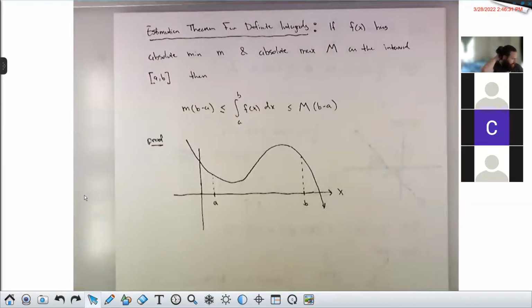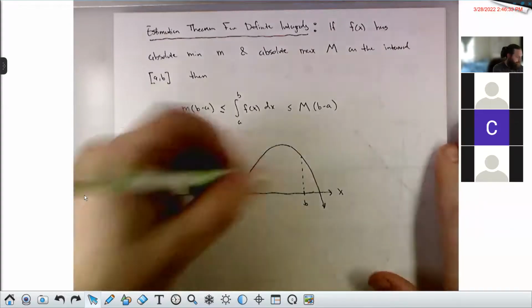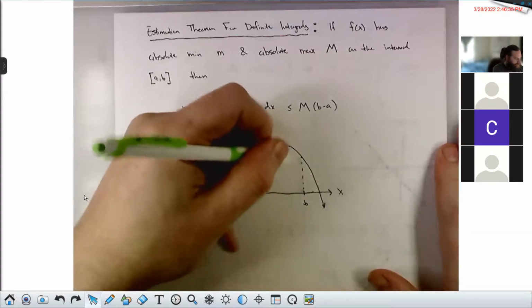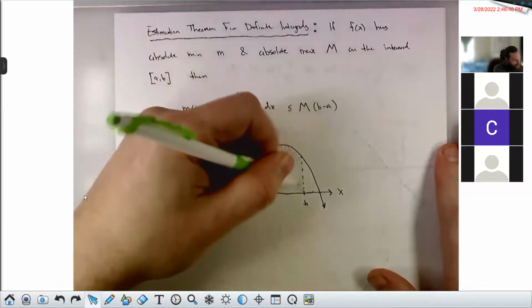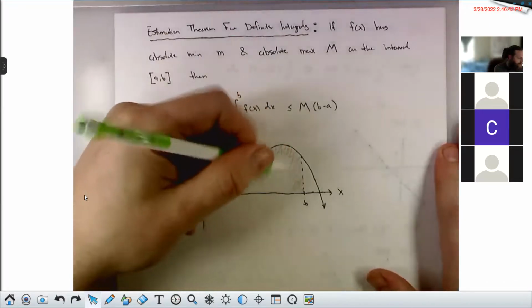So the integral is measuring this pencil shaded area.